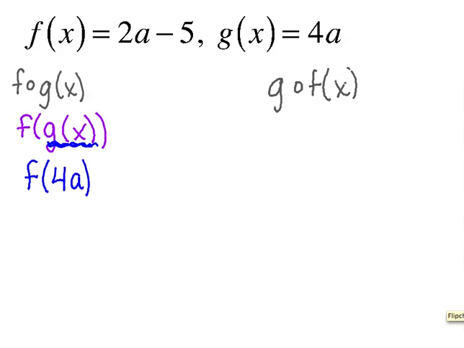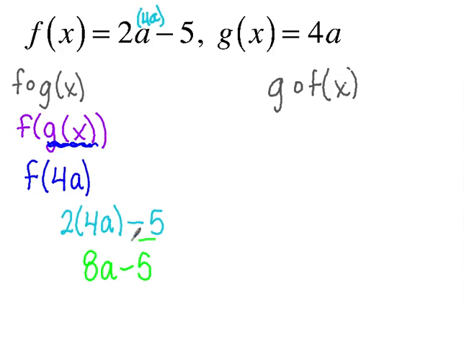If I give you f of 4a, you plug it into the a right here. So I really have 2 times 4a minus 5. I typed that in wrong; it probably should have been f of a. So what do you get? 8a minus 5. There you go.